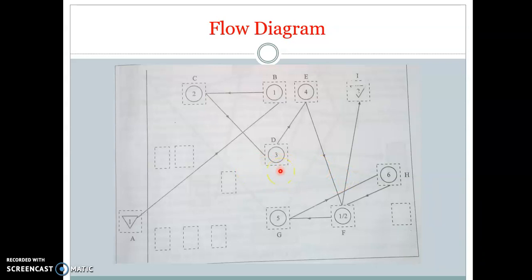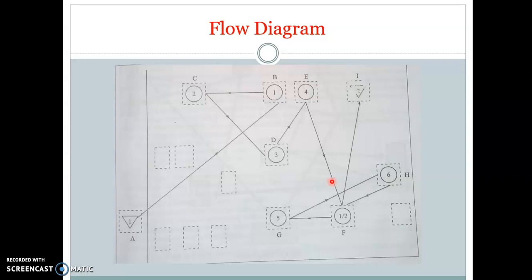A flow diagram is a drawing which has been drawn to scale. These distances are drawn to scale. It shows the relative positions of machinery or jigs, fixtures, and marks the path to be followed by men, that is workers, or materials.